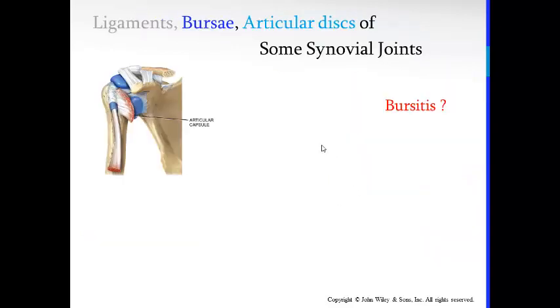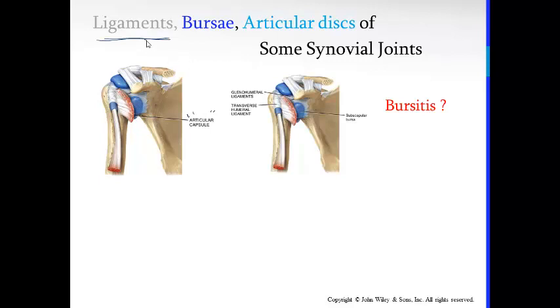Now, there are some supporting structures at our synovial joints. Besides the articular capsule, which is padded inside, we also have our ligaments. Ligaments are the ones holding one bone to another bone.